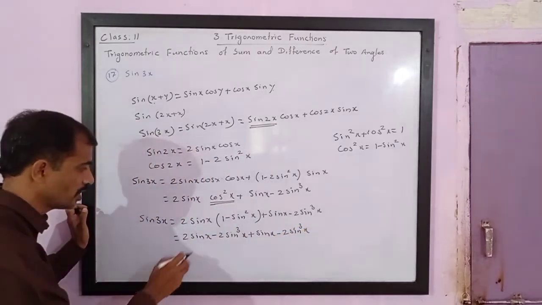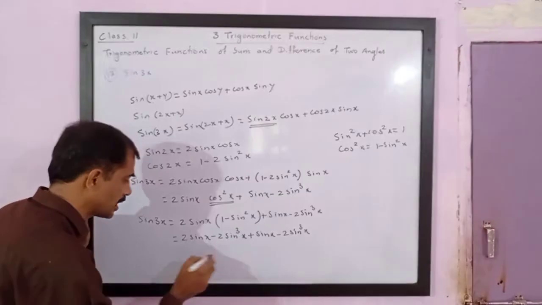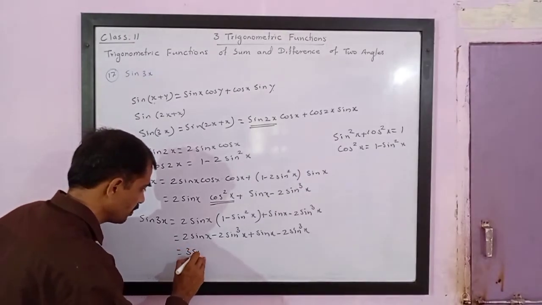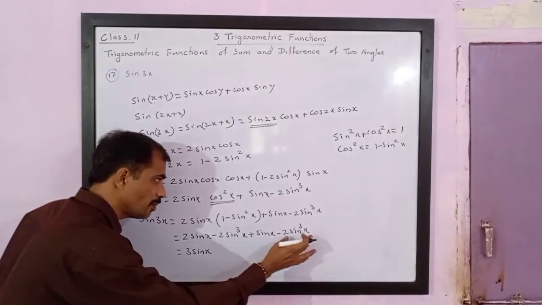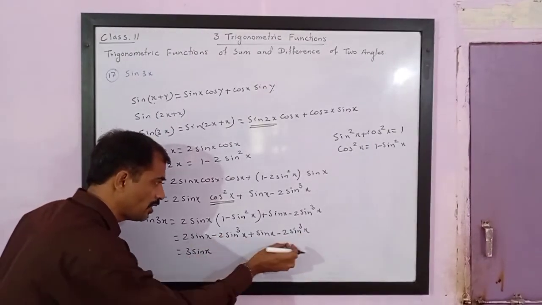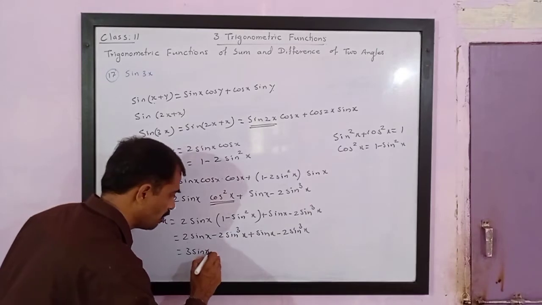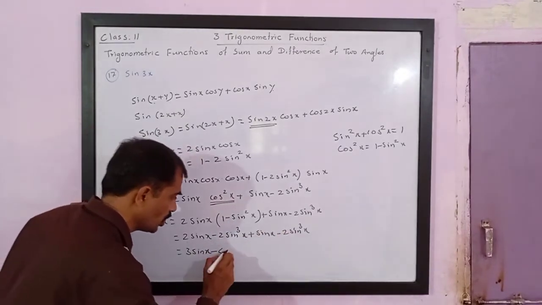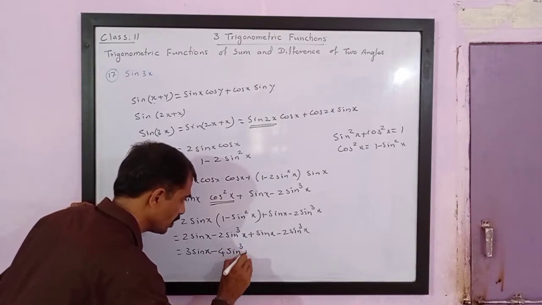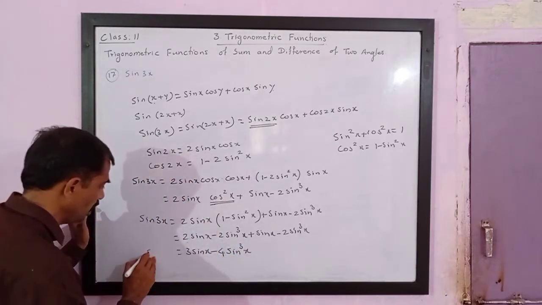So this becomes 2 sin x plus 1 sin x, that is equal to 3 sin x, and 2 sin cube x, 2 sin cube x. Please note both are having negative signs, so they will get added. You will get minus 4 sin cube x. So thus we have reached a very important formula.